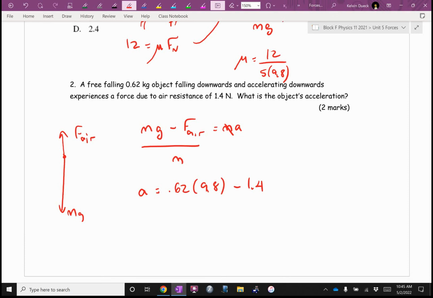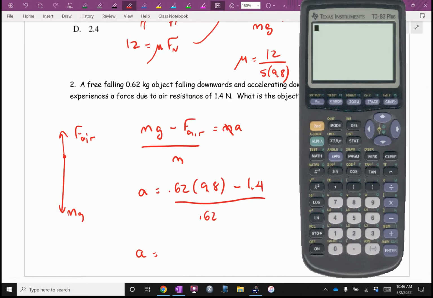When do I need to multiply something by 9.8 to change it into newtons if it's a mass in kilograms and I want to use its equivalent force? Divided by 0.62. A is going to be, bracket 0.62 times 9.8 minus 1.4, close bracket, divided by 0.62.